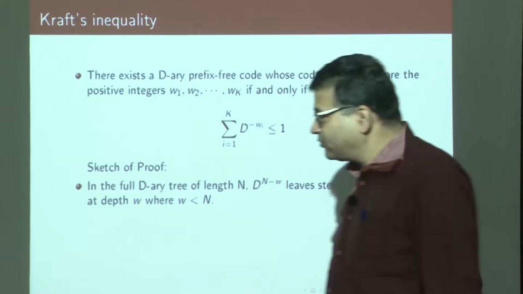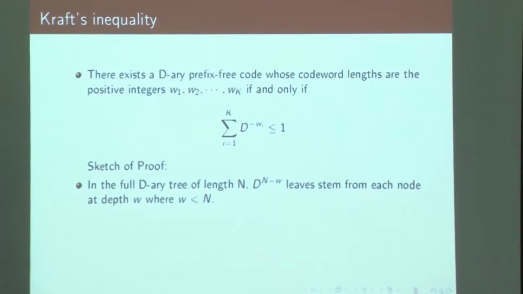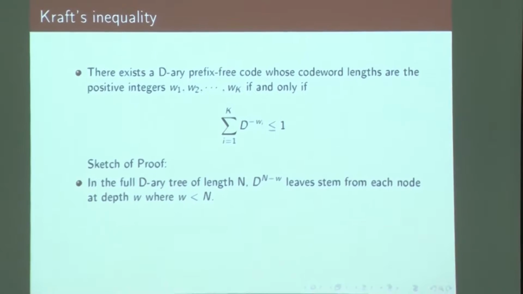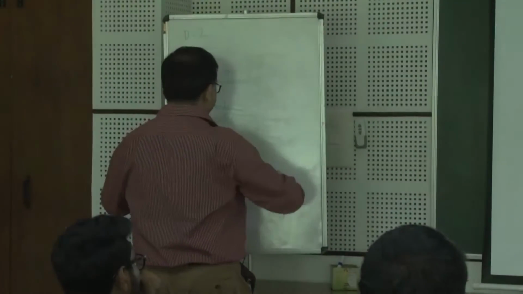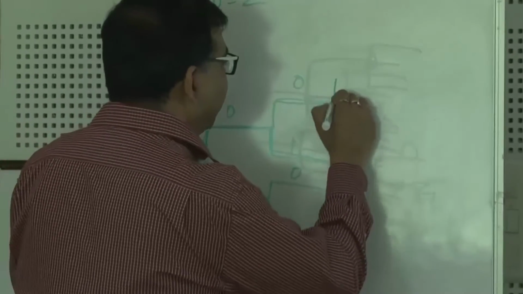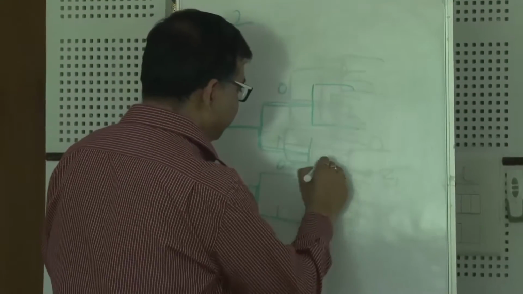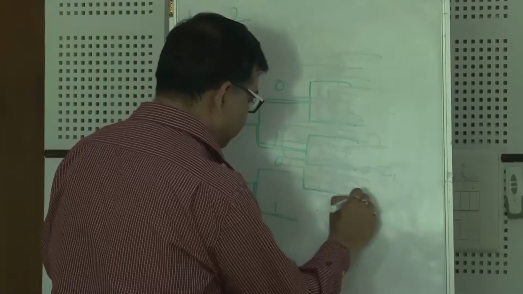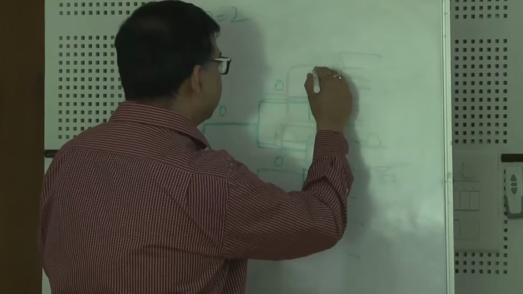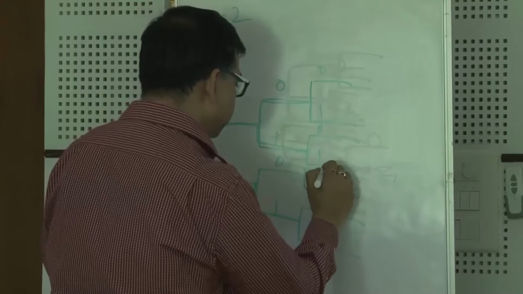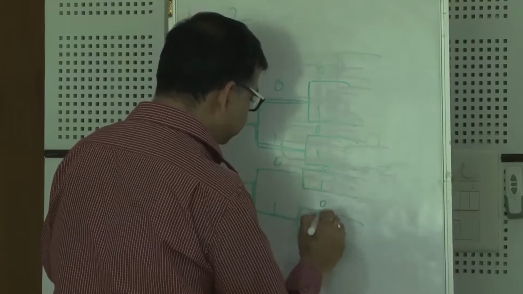So what I am trying to say is, if you consider a full tree, let us just go back and draw a full tree. Let us just do it for n equal to 3. Okay.